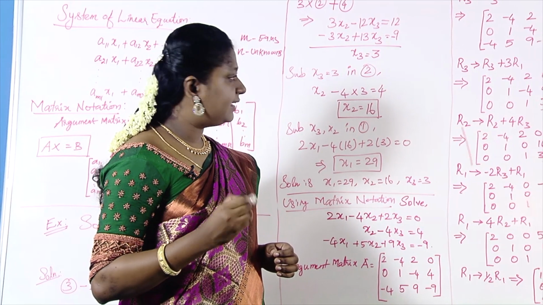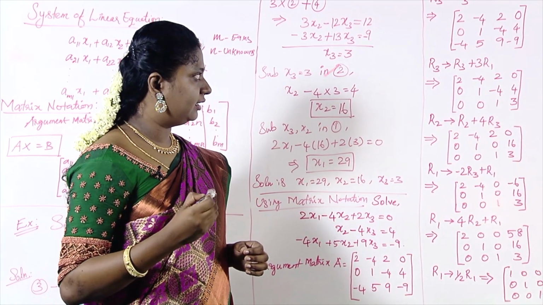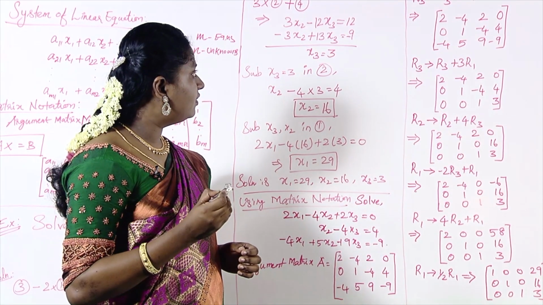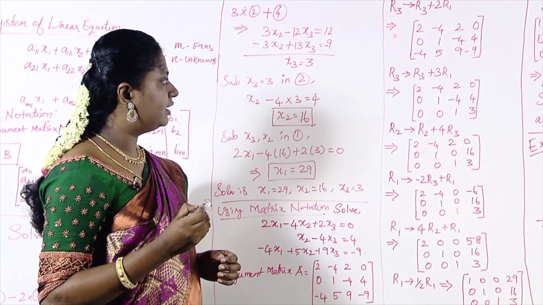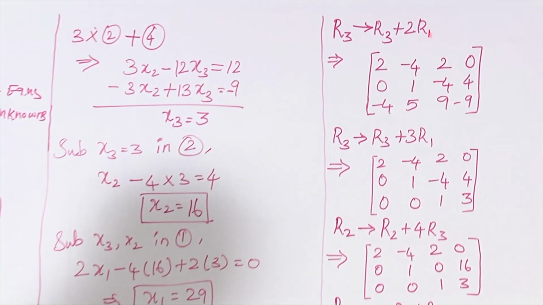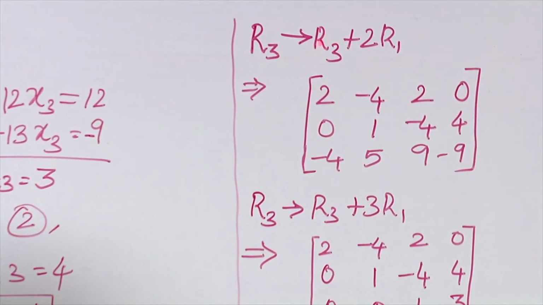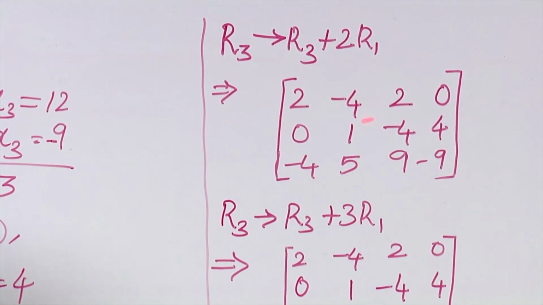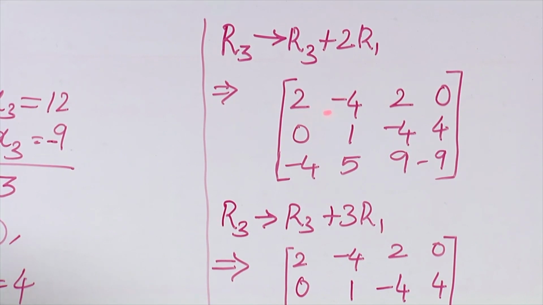Now the same procedure, but not explicitly writing it as equations. I first change R3 by adding 2 multiplied by R1, that is R3 becomes R3 plus 2 R1. I am going to keep R1 as it is, and R2 I am not going to touch, but R3 is going to change to R3 plus 2 R1.